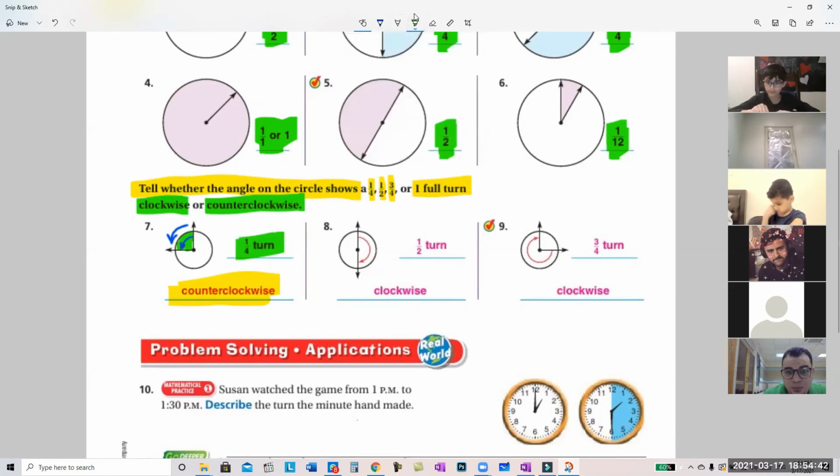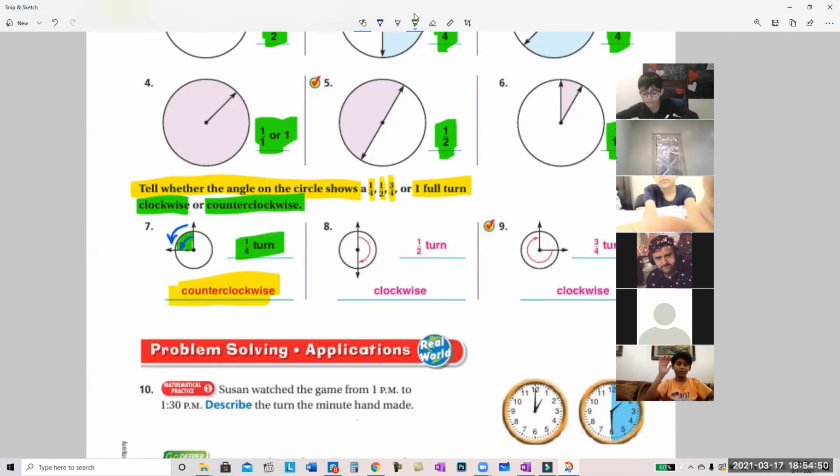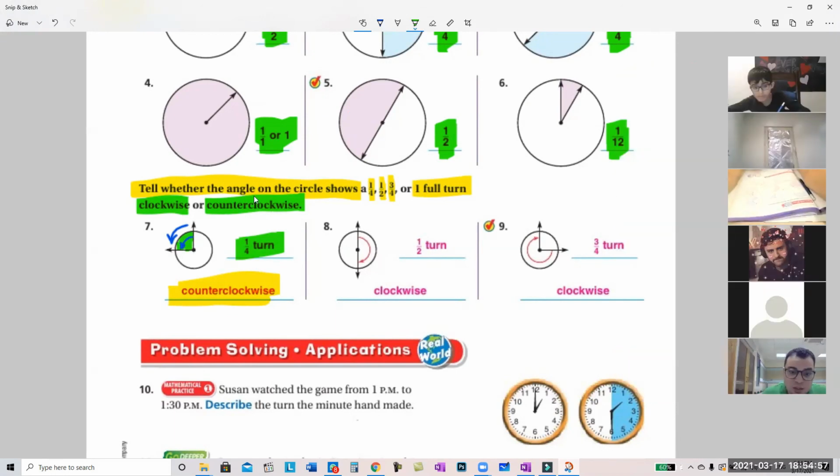Okay, now, what about this? I will ask Abdulaziz. Abdulaziz, are you there? Yes. Okay, so what about this, Abdulaziz? Clockwise or counterclockwise? This direction. Clockwise.